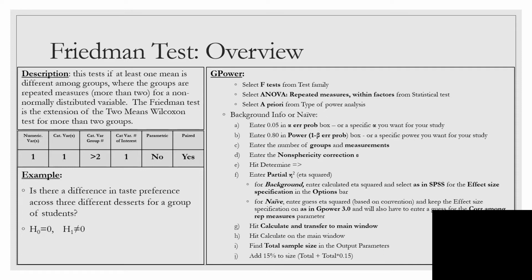Just as with the Kruskal-Wallis test, which was the nonparametric analog of the one-way ANOVA, there really isn't a way to do this in G-Power, so we'll take the correction factor of 0.15 or 15% like we did before. We'll enter all the things we need, whether with background or naive. Once we get the total sample size, we will add 15%.